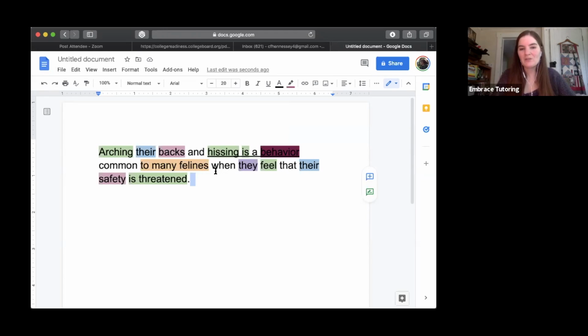It's actually part of this relative clause. You also have arching their backs. So their backs, that's a noun, right? But we have to look at what arching is here. So we have what's actually called, should be a deponent.